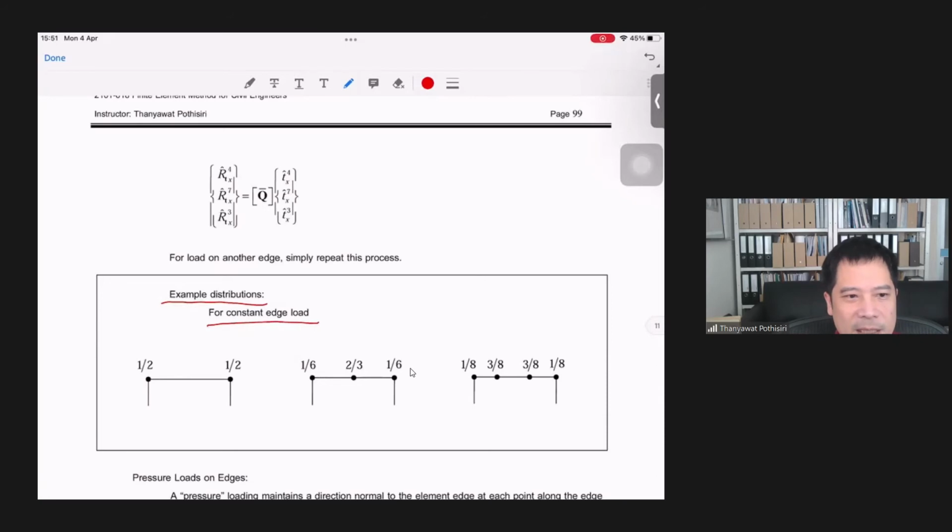If you have traction acting differently in different directions, how would we manage to compute the work equivalent force then?